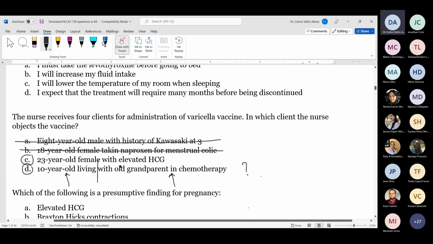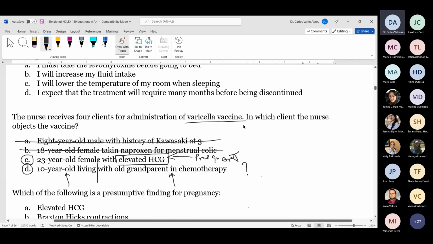What does it mean that a woman has elevated HCG? What is the most common cause of elevation of the HCG? Pregnancy. So this woman is probably pregnant, and this is an absolute contraindication for receiving live viral vaccines, because live viral vaccines in the first part of the pregnancy can be teratogenic, including varicella.